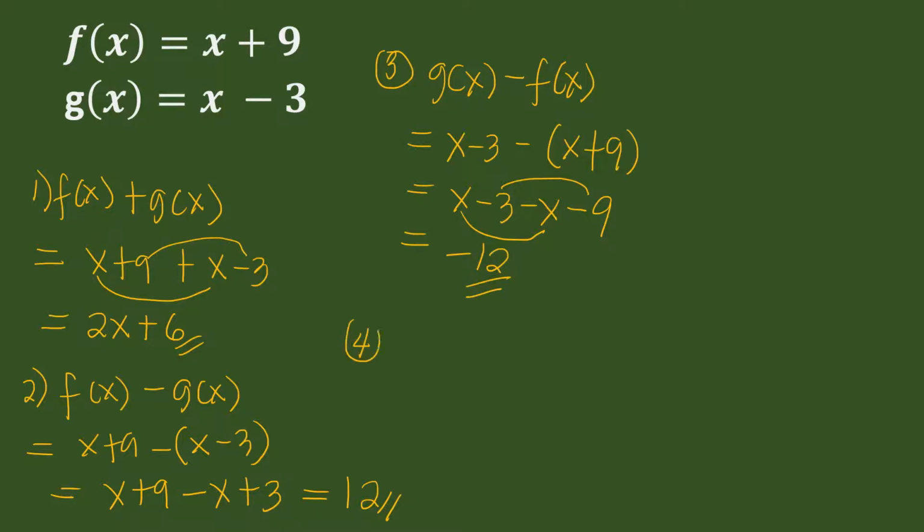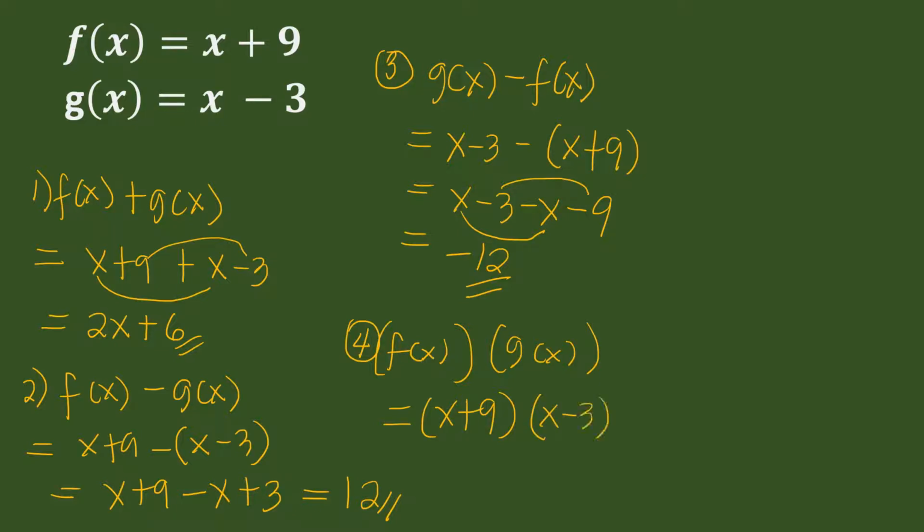We go to number 4. So let's say f of x, we multiply that one by g of x. So multiplication. We will have x plus 9 times x minus 3. We can use the FOIL method or the horizontal method, or the other one, the vertical method. So we have x times x, that is x squared.